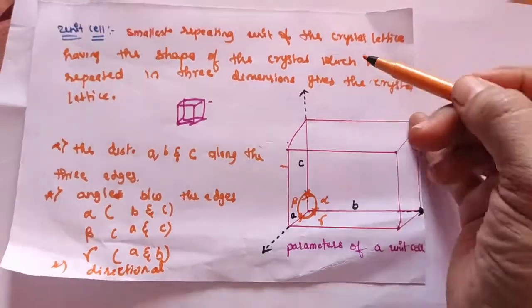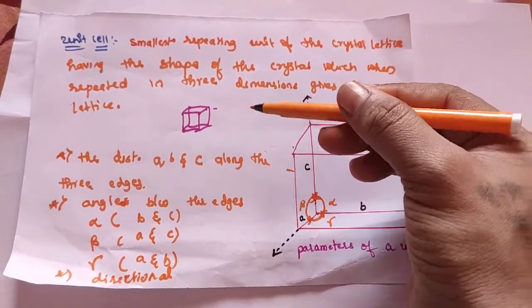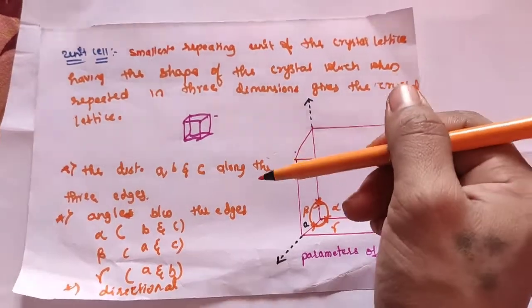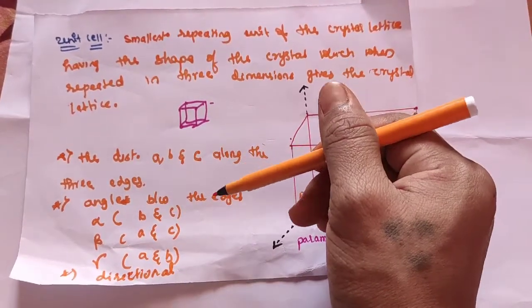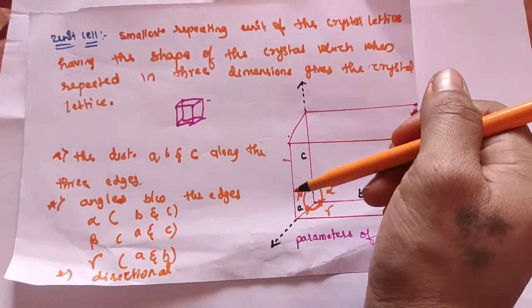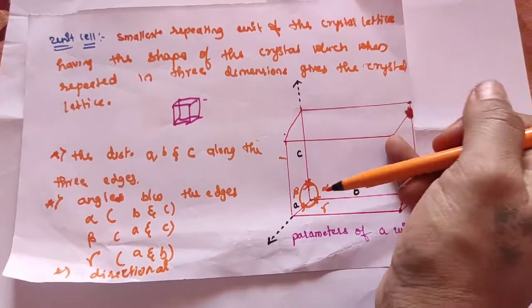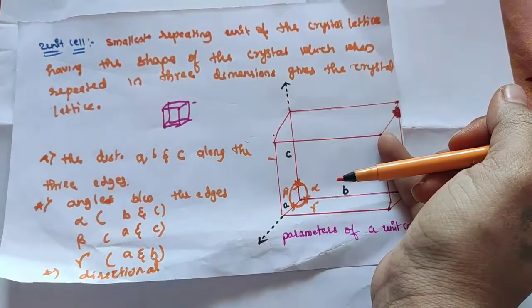So for this the unit cell is going to be useful. It will indicate mainly three points: one is distance, second is angles, and third is distances.